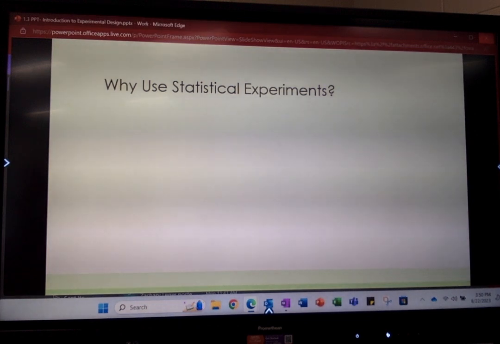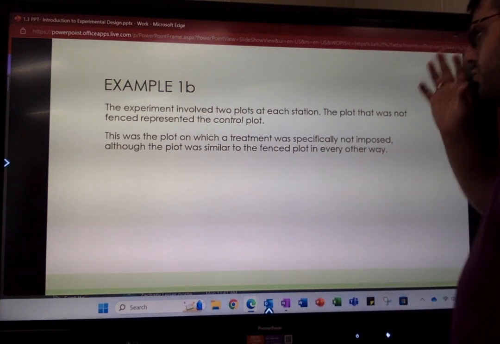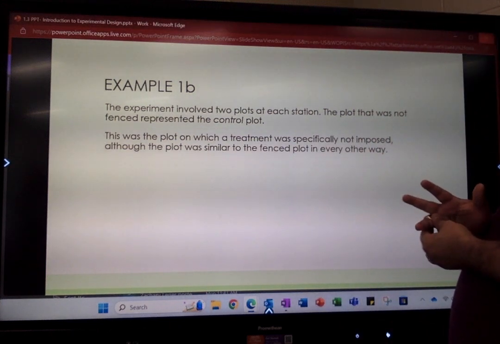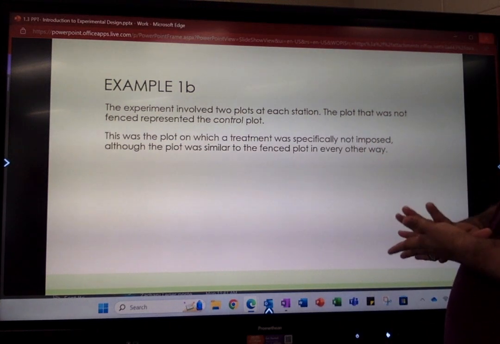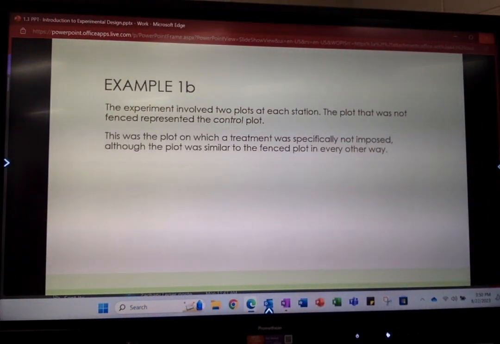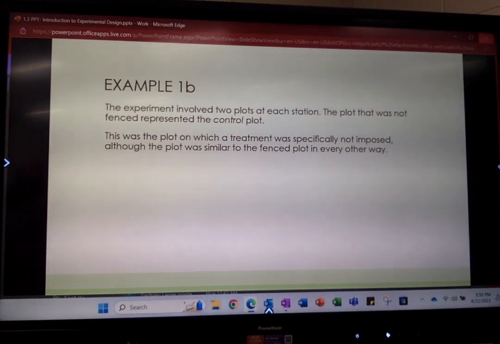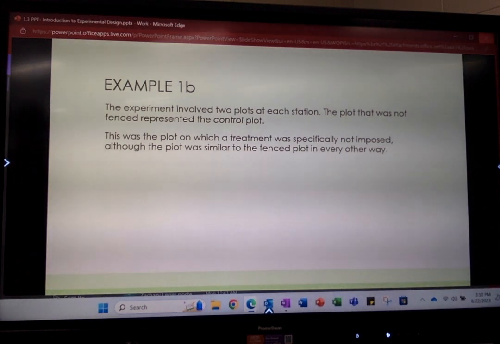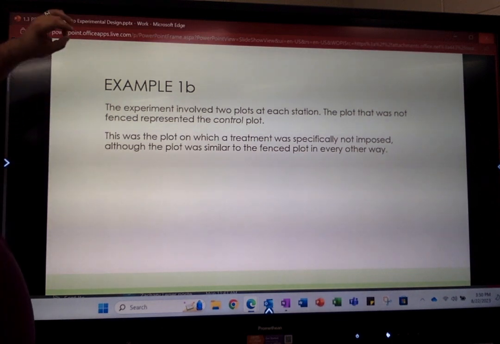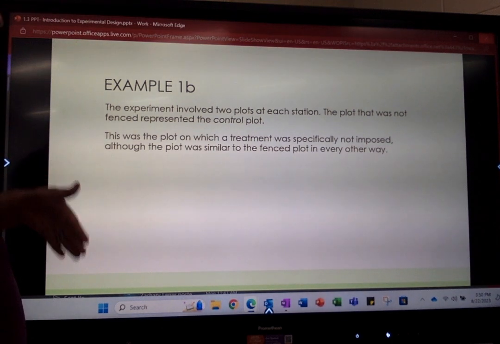In the control group, you're not applying the treatment, but the group that you're using is similar to the other group. Okay, the treatment group was the plot that was fenced in.